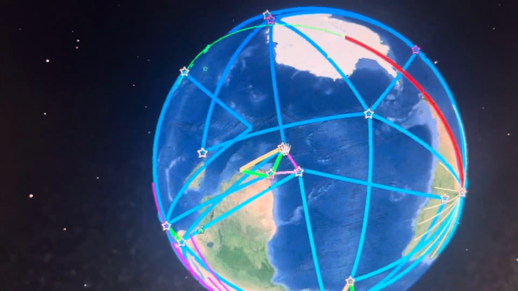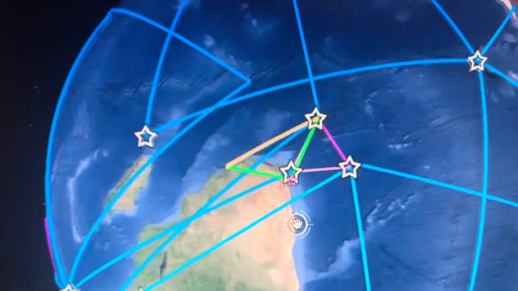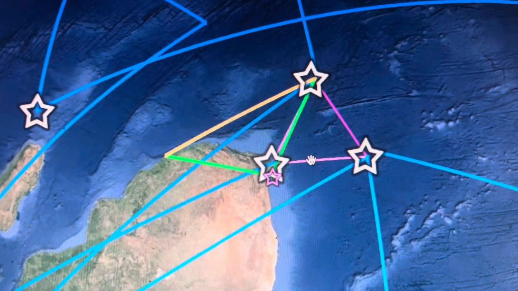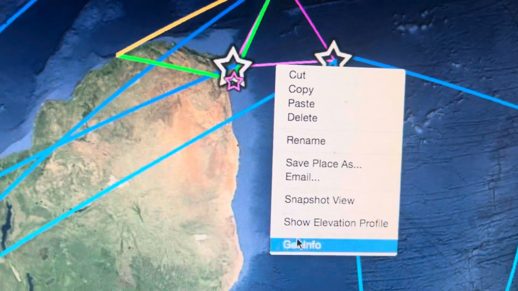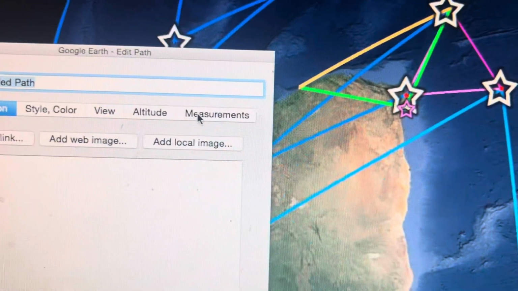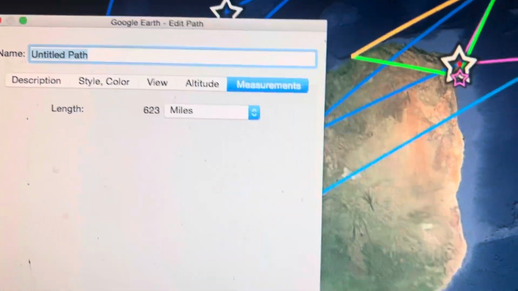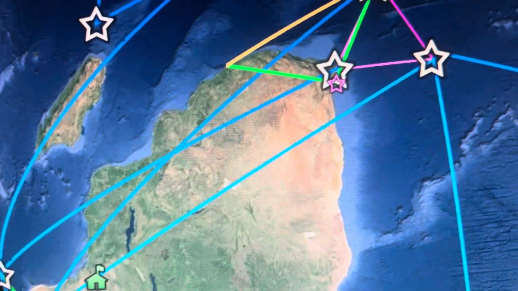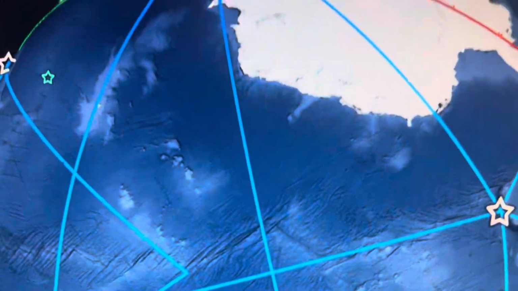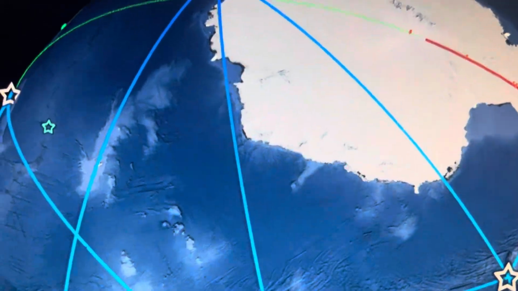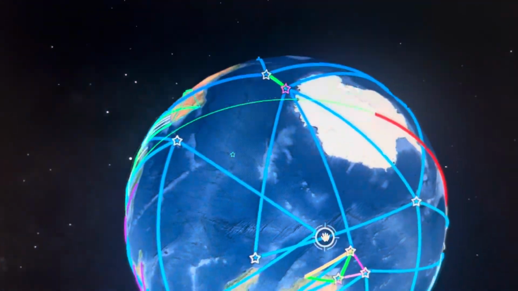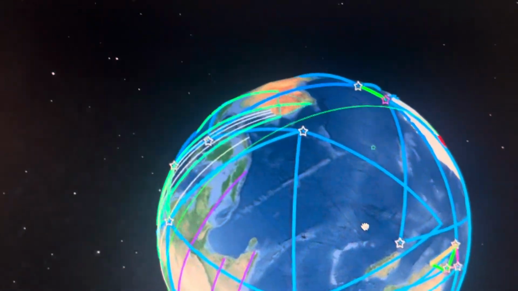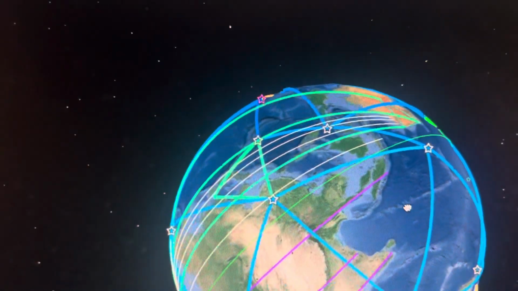These purple ones, let me pull it up exactly. That's an equilateral triangle, and that forms 623 miles from these points of intersecting relevance to what I propose was some kind of deeper form of surveying the Earth previously.